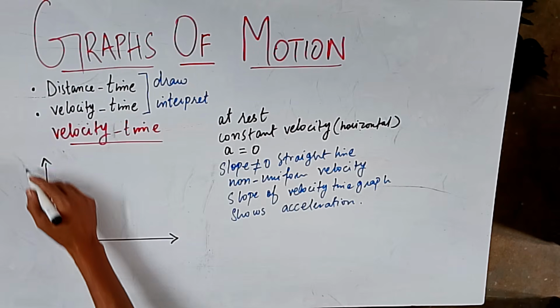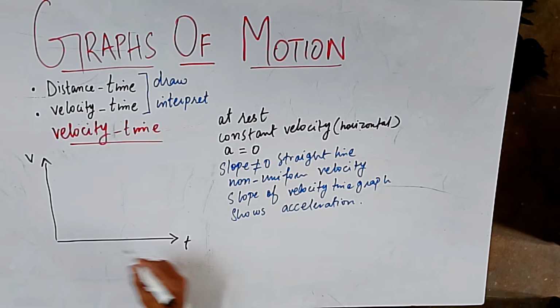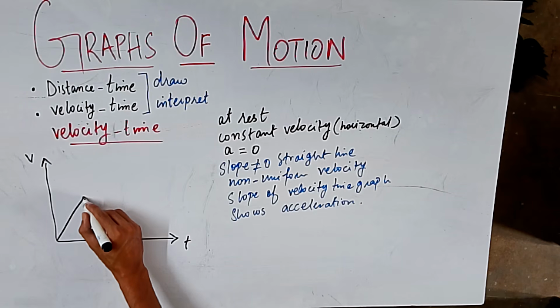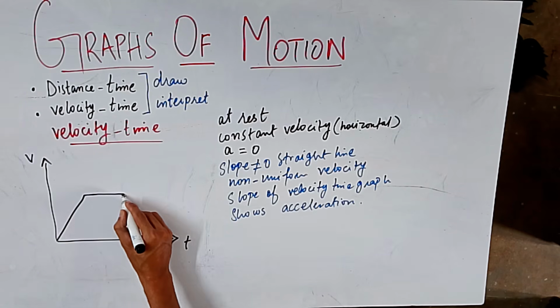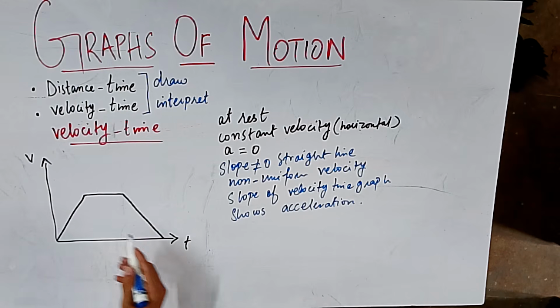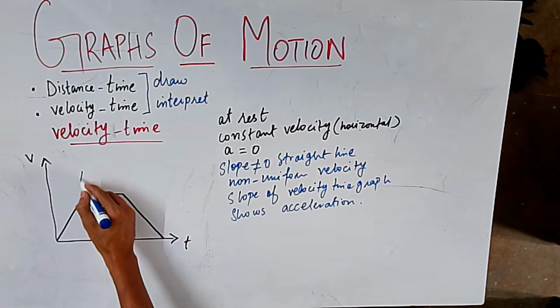Alright, so if you have a velocity time graph that looks like this, for example, the object's velocity is increasing, then it goes to a constant velocity, and then again it's decreasing and becomes zero. Now if you look over here, it is a shape, and this shape is actually a trapezium.